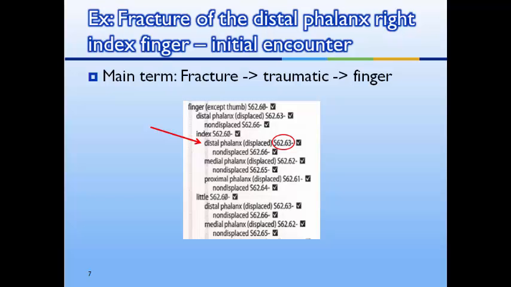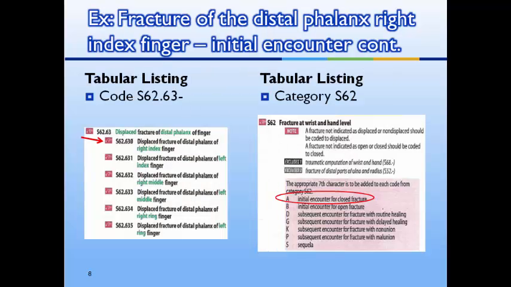Notice then that the non-essential modifier is displaced. So our code that we're going to look in the tabular index is S62.63. Note the dash and the check mark indicate that we need additional digits. So going to the tabular listing, here's what we find. Under our code S62.63, we're looking for the sixth digit now, which is more specificity based on which finger, which is the right finger, so we have S62.630, and we need the seventh character, so we go back up to the category, and we see that A is for the initial encounter.